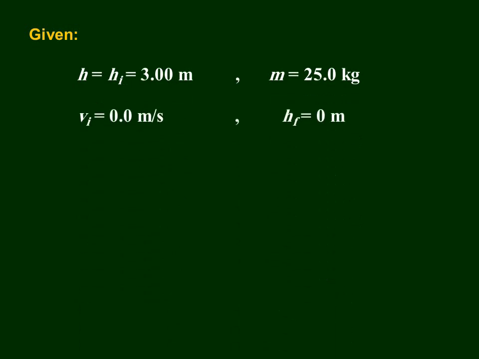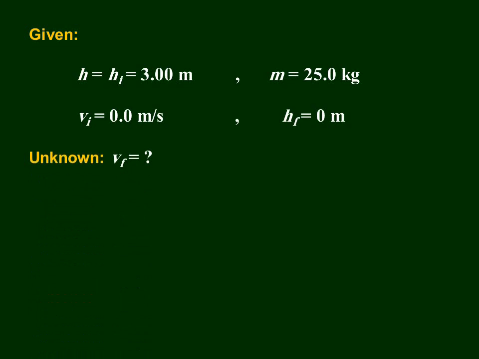What's given here? The initial height equals 3 meters and the mass equals 25 kilograms. The initial velocity equals 0, starts from rest, and the final height equals 0 at the ground.